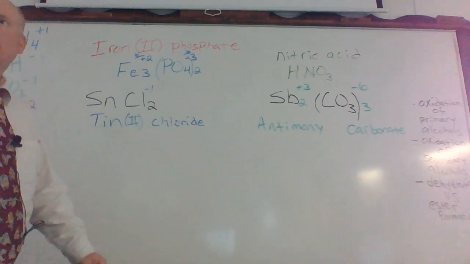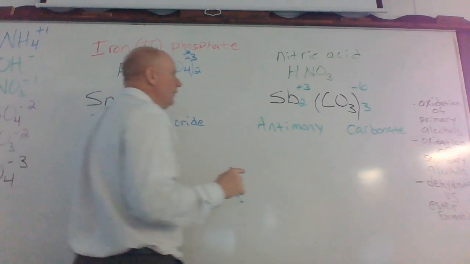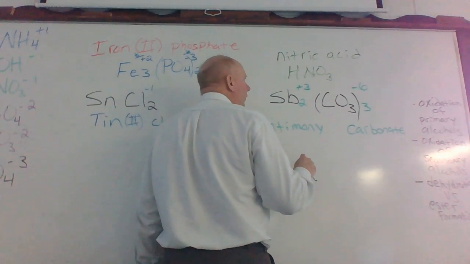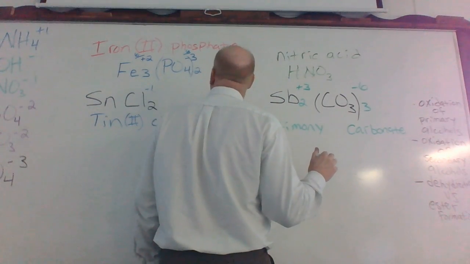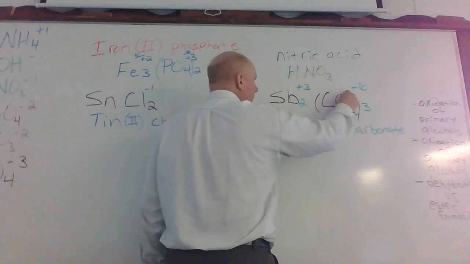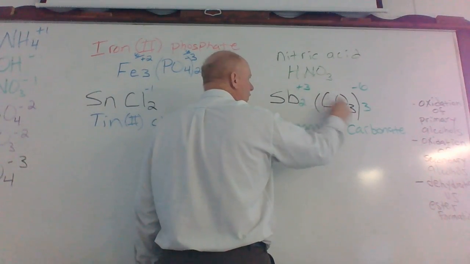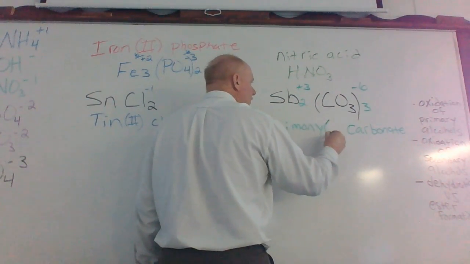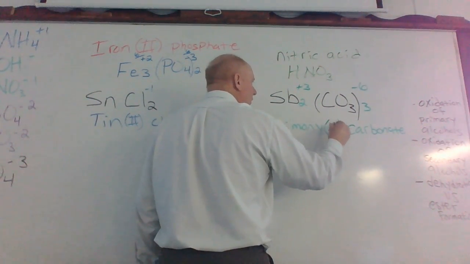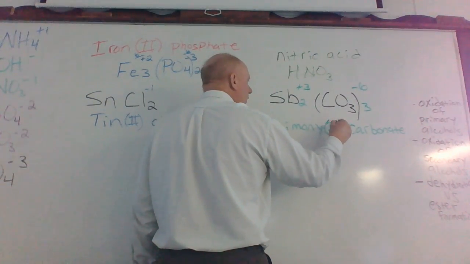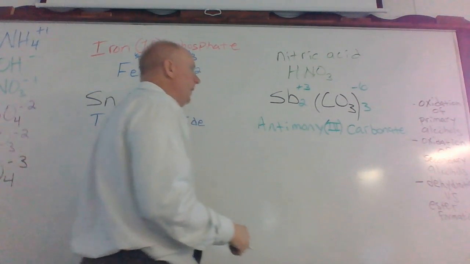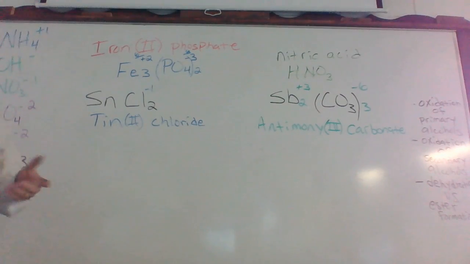So sometimes you can crisscross that and think, since this has a charge of -2, we got 2 there. This has a charge of +3, and we got a 3 there. So it's antimony 3. But I would continually just do the math in your head, then you know it's always going to work out.